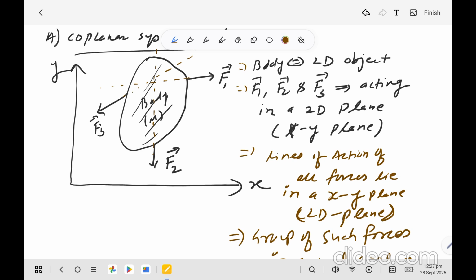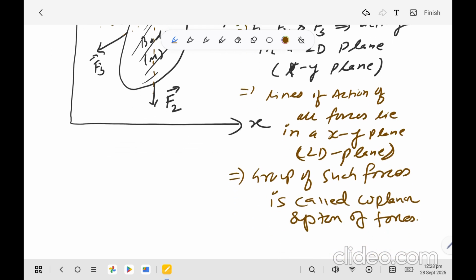It means all these forces will lie in a single 2D plane, or in this case all these forces will lie in the XY plane. Okay, so if this type of situation arises for any mechanical object, then we can define the group of the forces as a coplanar system of forces for that particular system.